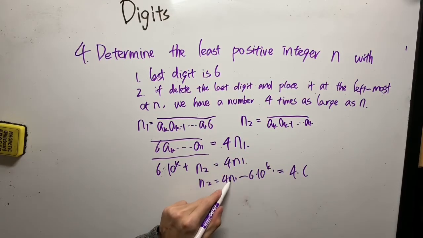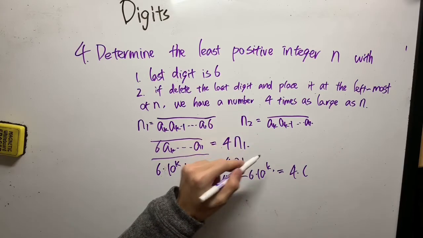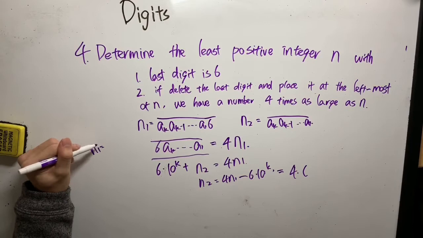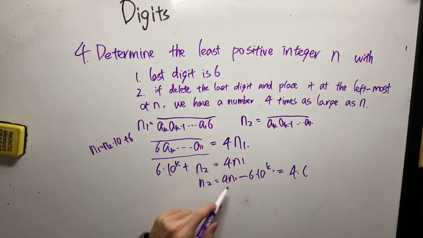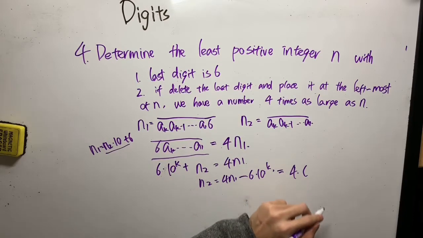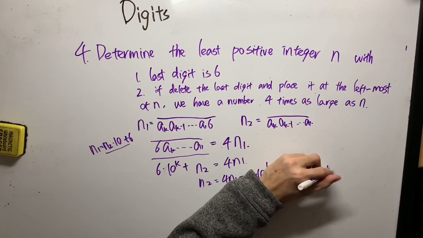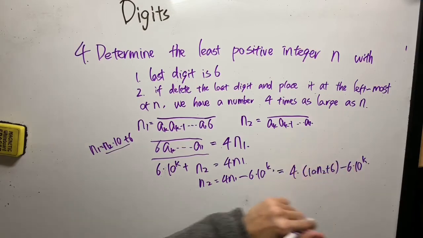For n1 equals n2 times 10 plus 6, we can substitute n1 by n2 times 10 plus 6: 4 times (10 n2 plus 6) minus 6 times 10^k.